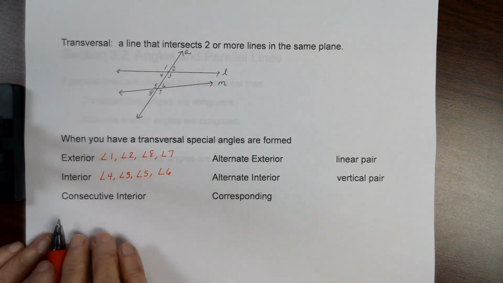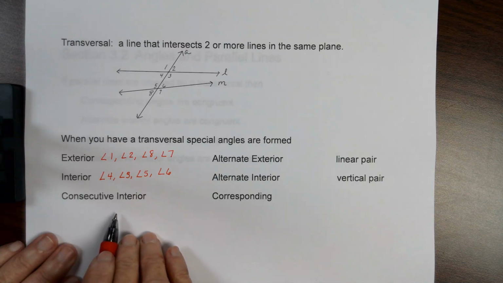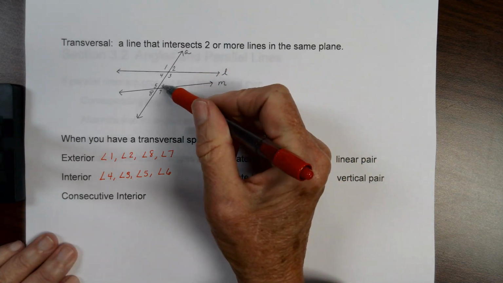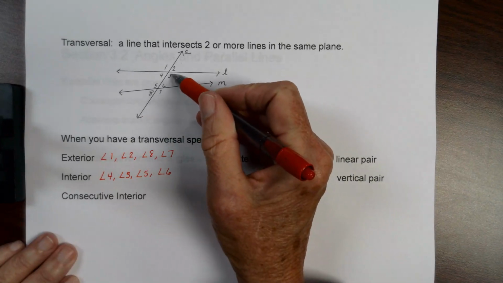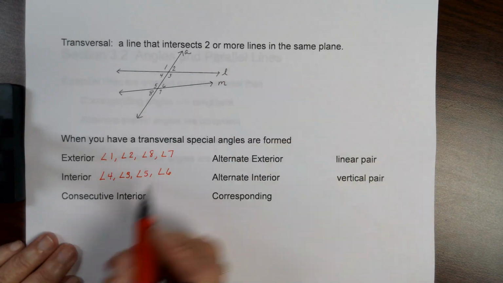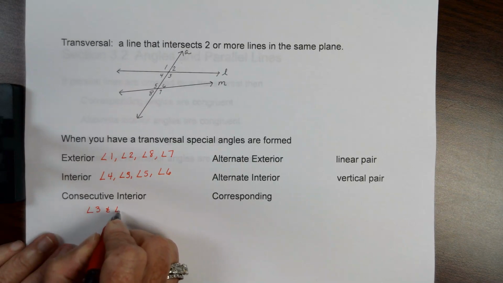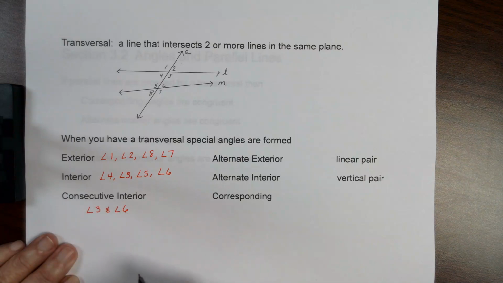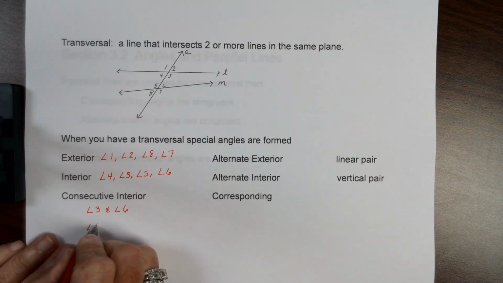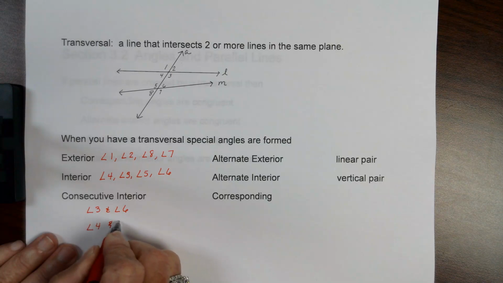You also have what's called consecutive interior, which are angles that are inside and on the same side as the transversal. So angle 3 and angle 6 are consecutive interior, and angle 4 and angle 5 are consecutive interior.